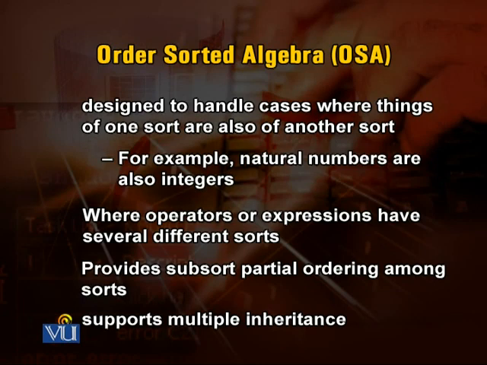As I mentioned earlier in the beginning, OBJ specifications depend very heavily on and use what is known as order sorted algebra, OSA. This order sorted algebra basically lets us work with subtypes, so to speak.